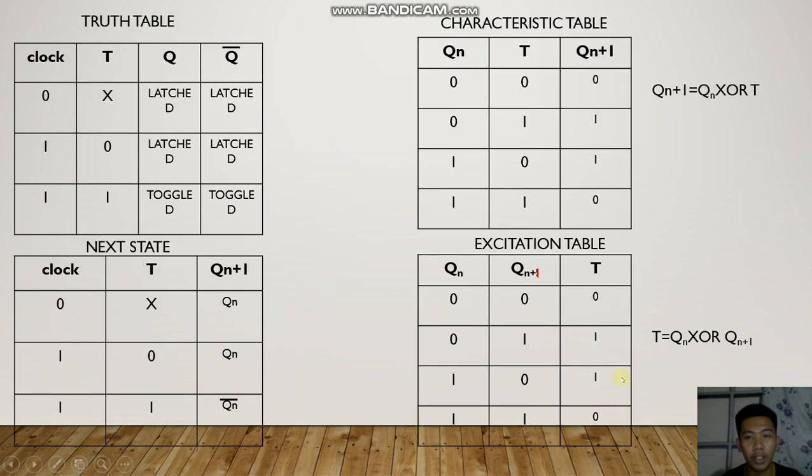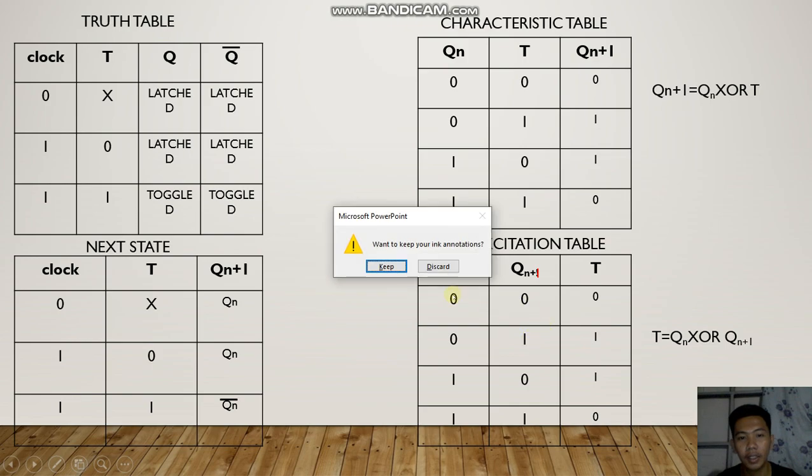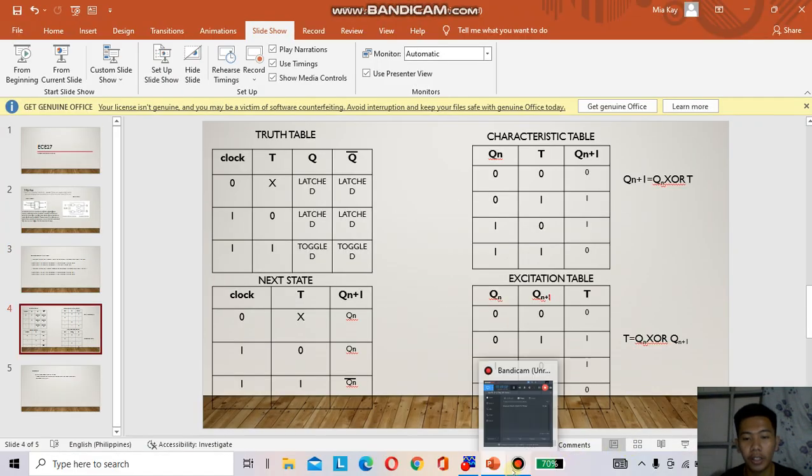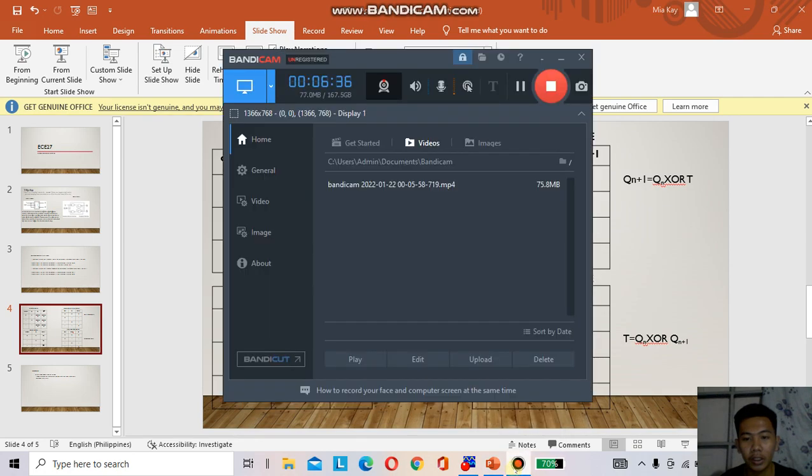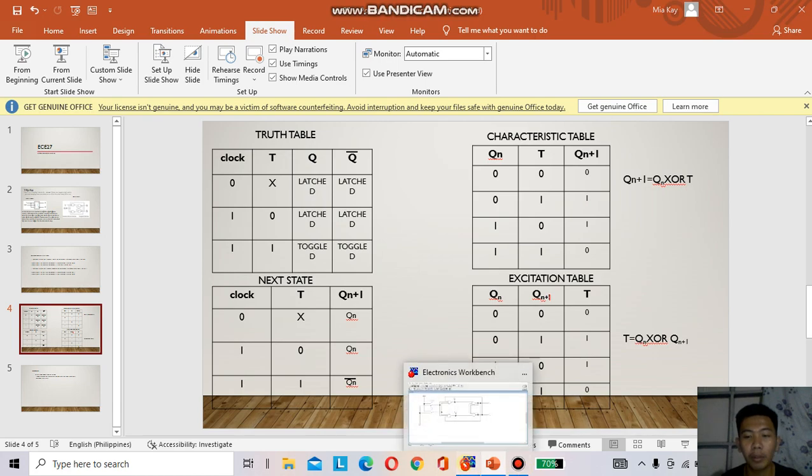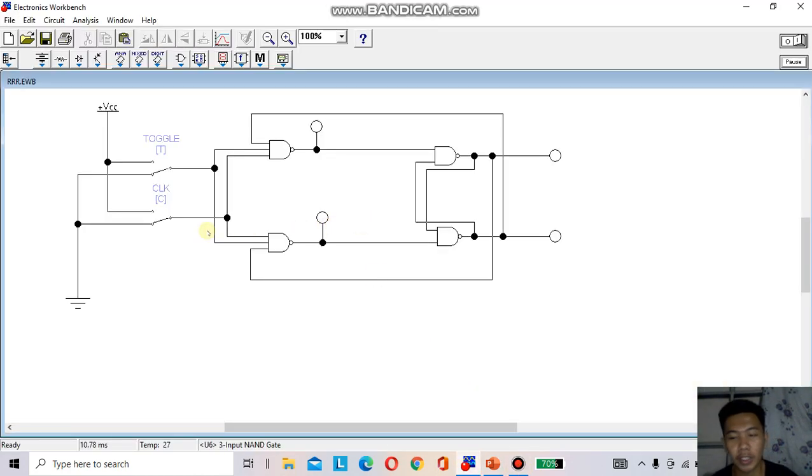We have here the simulation of our T flip-flop in EWB, Electronic Workbench. We have 4 NAND gates, our toggle T, and our clock.